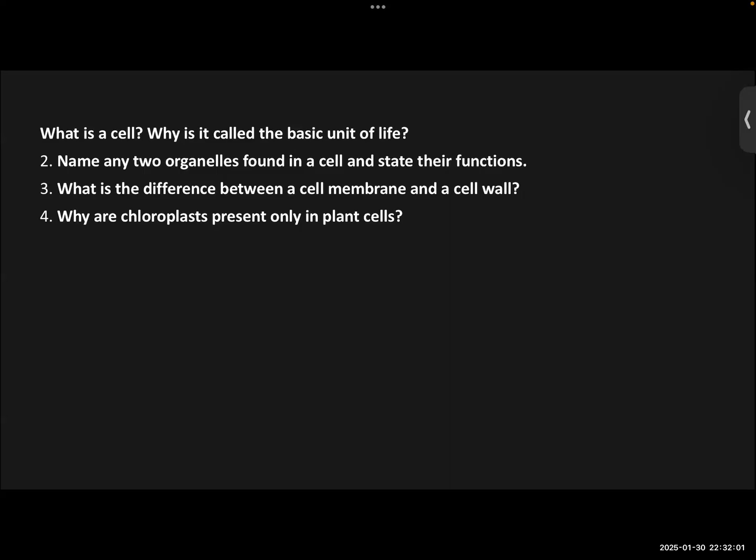It's present in all living organisms. That is quite obvious and correct. We see that similar types of cells organize together to form tissues, similar tissues form organs, and organs work together to form an organ system, and hence an organism comes into existence. So the basic unit from which that organism started to form was the cell. That is the reason.